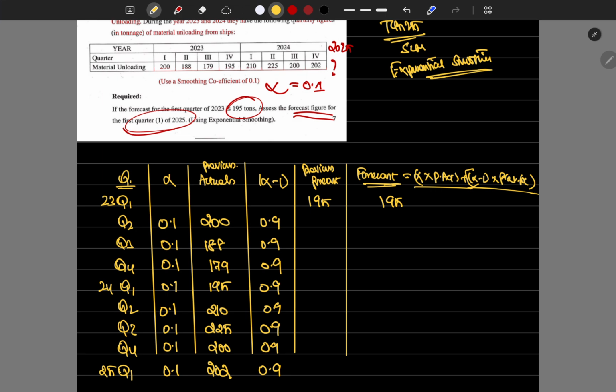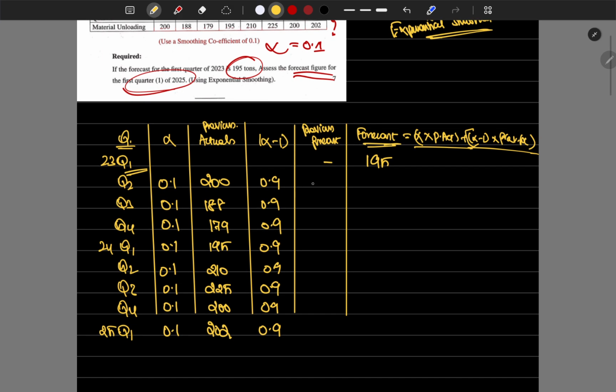The forecast for the first quarter of 2023 was not given as a previous forecast, so we take 195 tons. Using this, we calculate the values successively. The forecast for quarter 1 becomes the previous forecast for quarter 2.